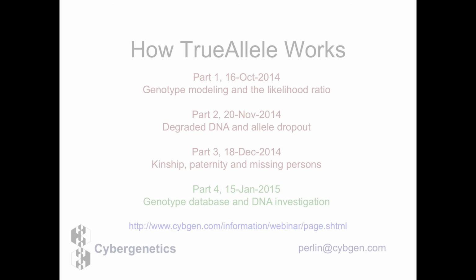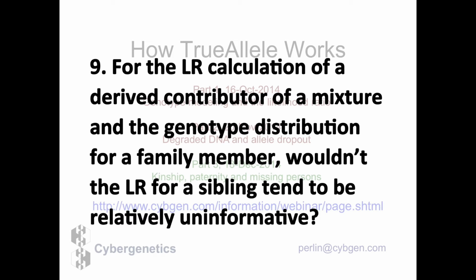The next question is, for the LR calculation of a derived contributor of a mixture and the genotype distribution for a family member, wouldn't the likelihood ratio with respect to the sibling tend to be relatively uninformative? The question is asked because siblings don't share alleles at every locus.